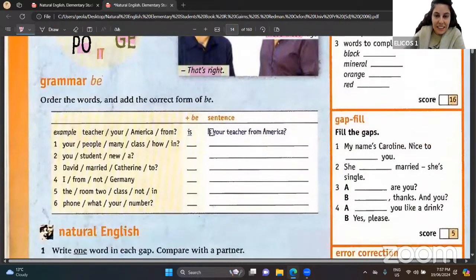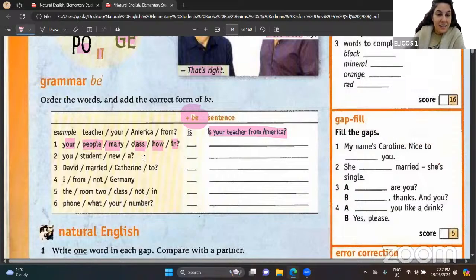Questions. Remember we looked at, is your teacher from America? Using the verb to be. So what question can we make for number 2? How many people in your class or are in your class? Number 2. I think you got to add the verb to be.